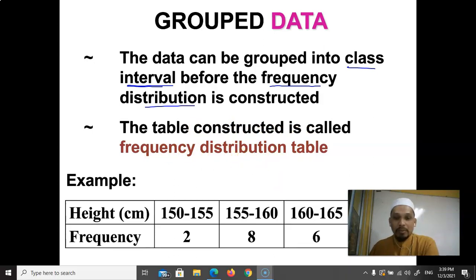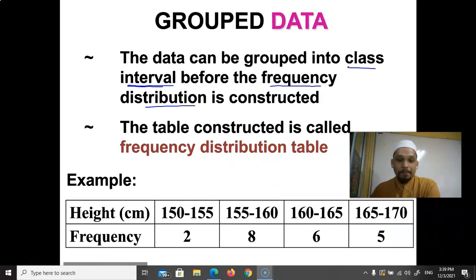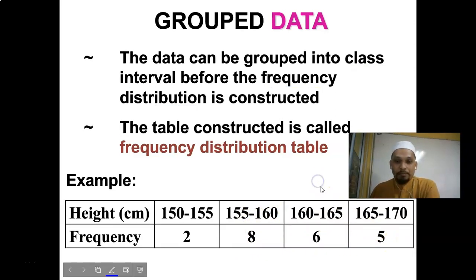For example, here, the number of students whose height is between 150 to 155 centimeters, there are 2 of them. And then the height 155 up to 160 centimeters, there are 8 of them, and 6 and 5. Okay.